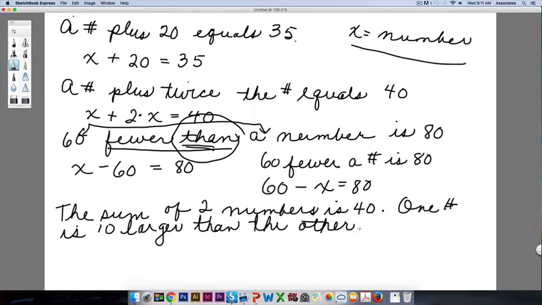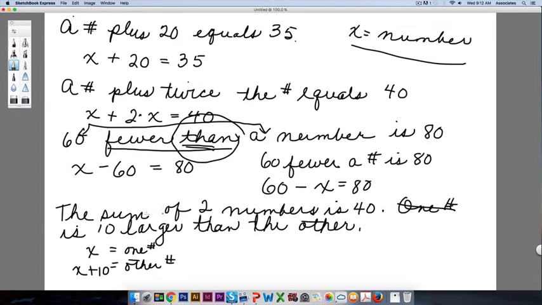So I'm going to take this second sentence to help me with my variables because I know I have two numbers. So something's going to equal one number and something's going to equal the second number. Now it says one is 10 larger than that. So I'm going to let this one be the smaller number, x. The second number would be x plus 10 because it's 10 bigger.